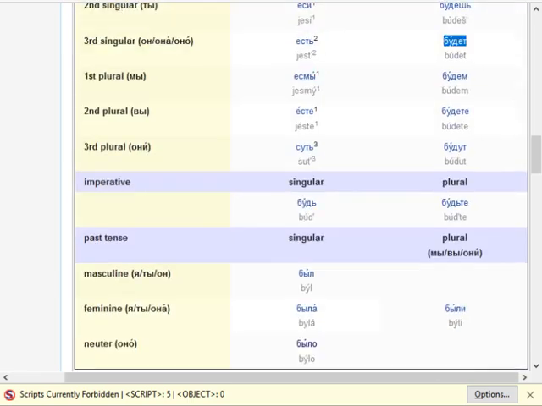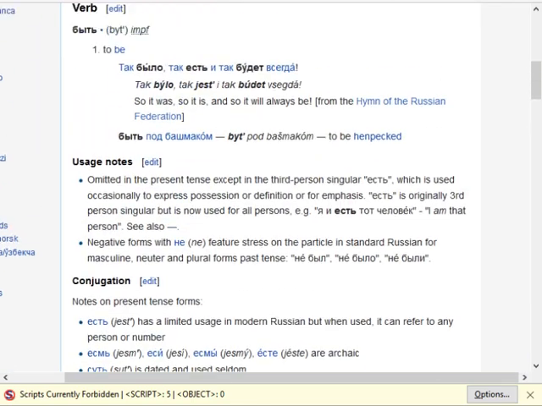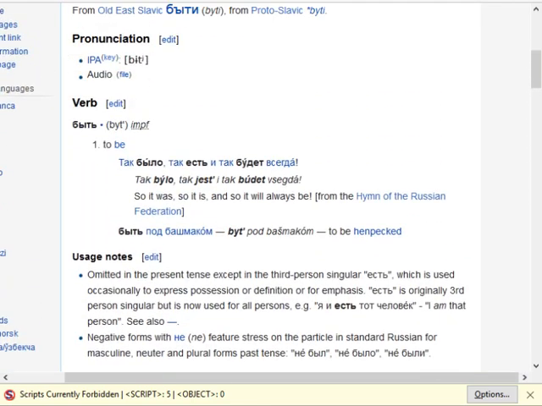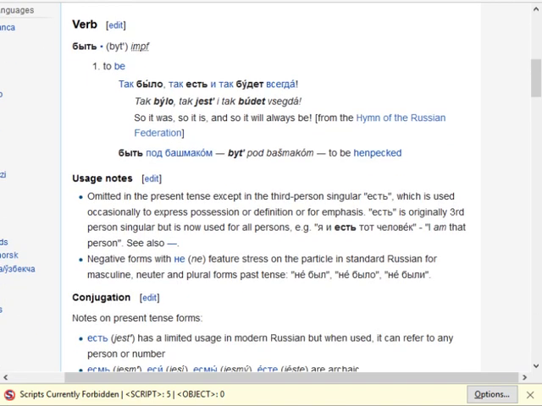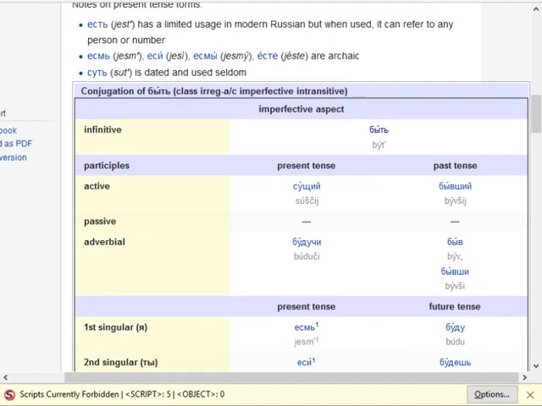Something really doesn't make sense here. It seems like they're using "было" for feminine things when it's in the genitive case.